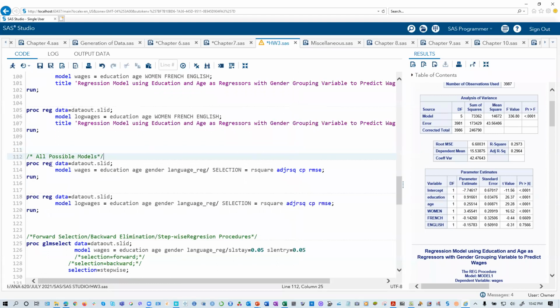You go to the model: education, age, gender, language rate, and then you put your option, selection. R squared, adjusted R squared, CP, and RMSE, which means root mean squared error. Everything you can easily get.